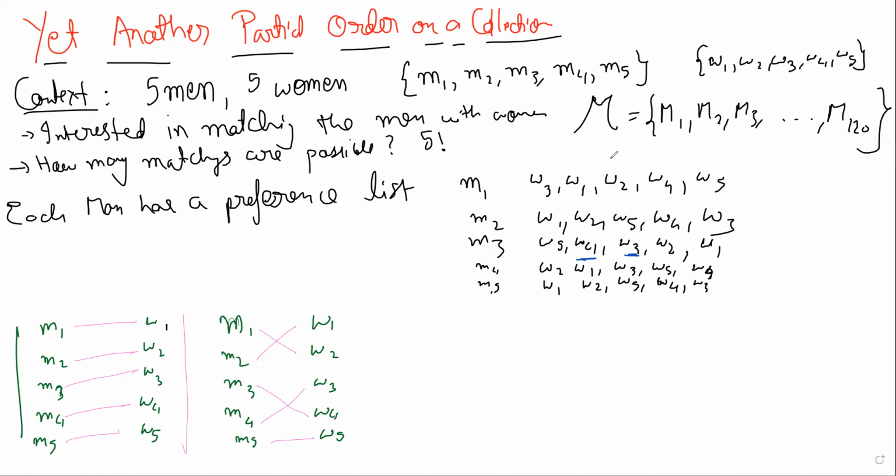Only using the preference list, right? So here is another way in which you can see this matching. Let's call this M1.